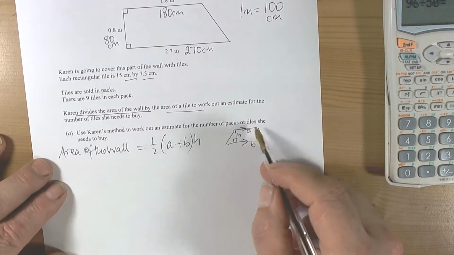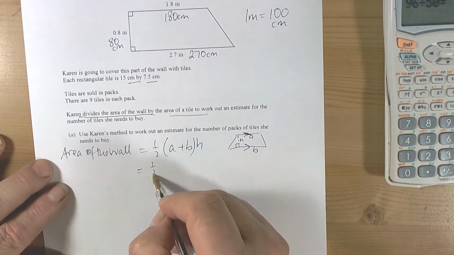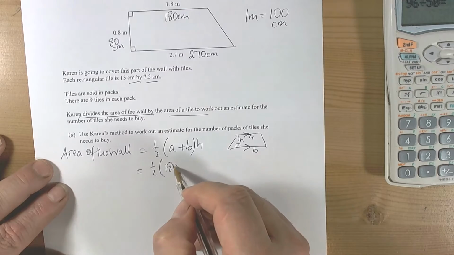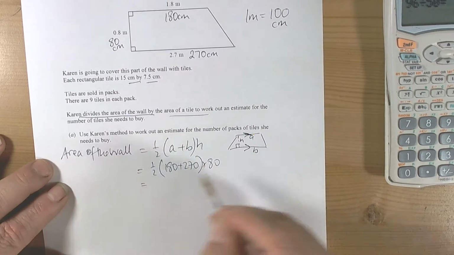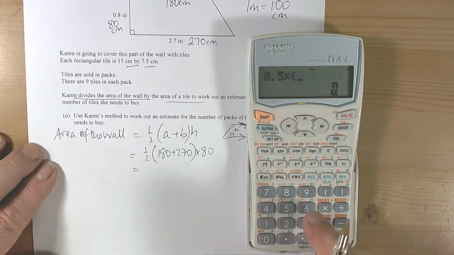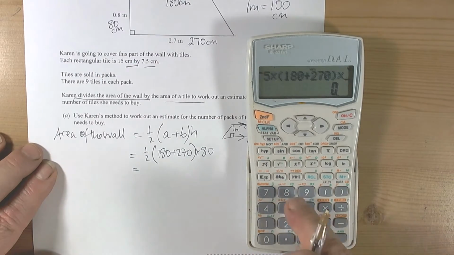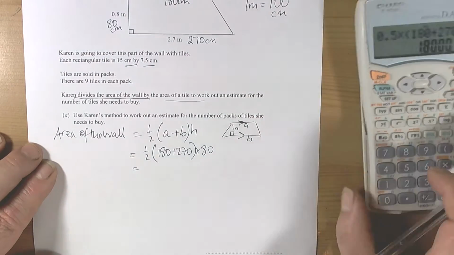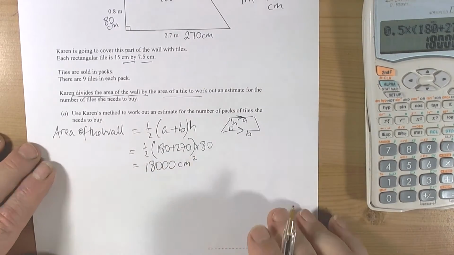So it's going to be a half of 180 plus 270 times 80. It's a calculator question: 0.5 times (180 plus 270) times 80 equals 18,000 square centimetres. Remember, we're working in centimetres here.